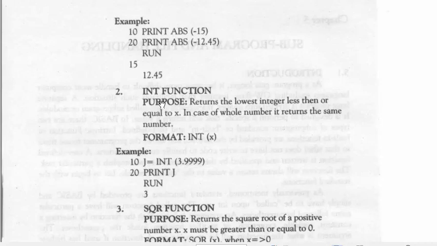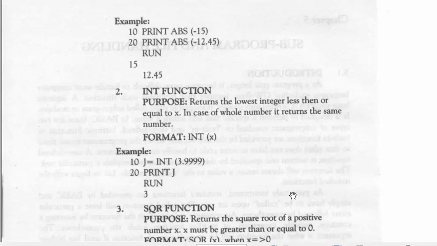Next is the INT function. The INT function is used for integer values. Purpose: return the largest integer less than or equal to X. In case of a whole number, it returns the same number. Format: INT(X). Remember one thing we had studied, that when we utilize an integer value, it will ignore the floating point values.